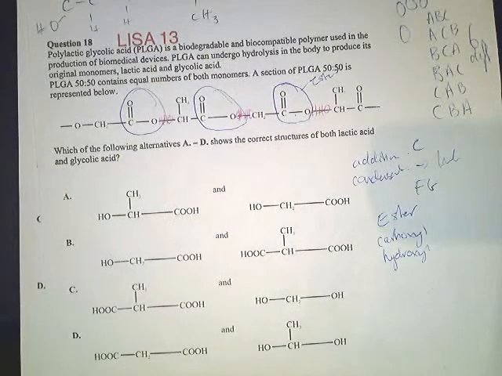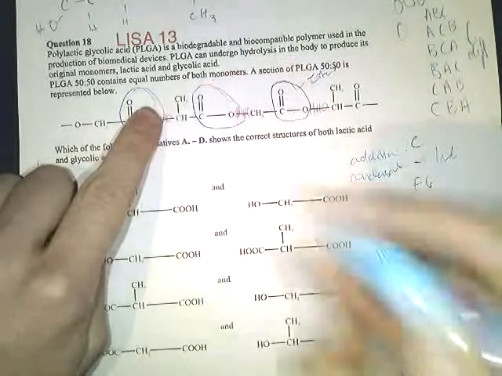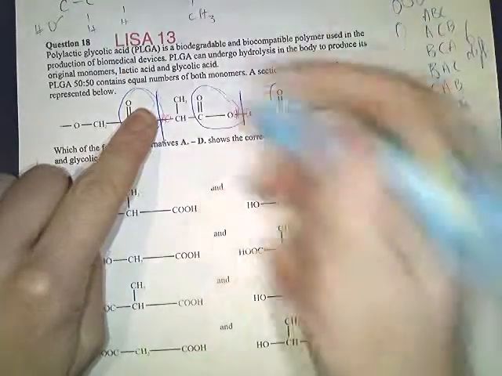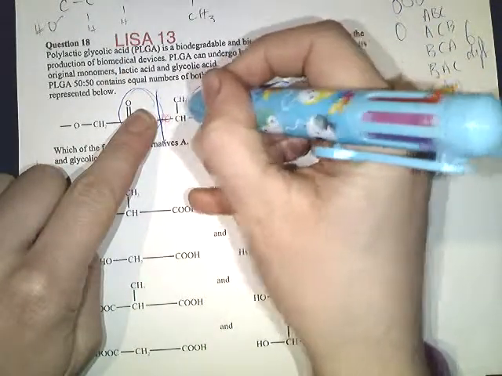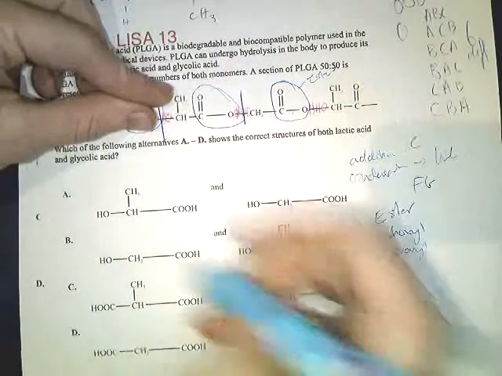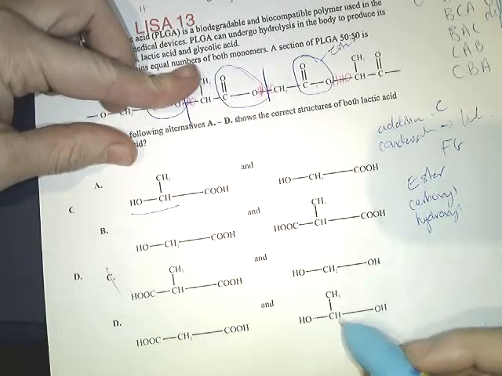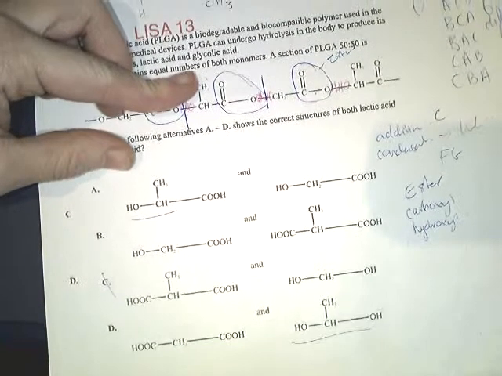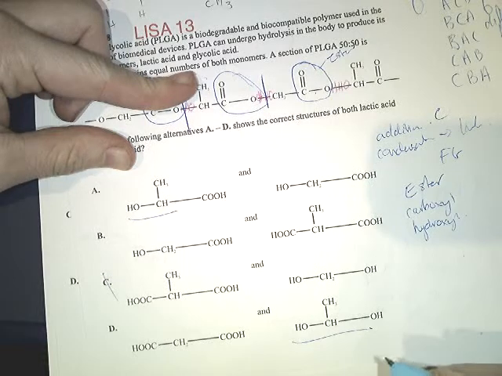Okay, so straight away you can see that this is going to be one monomer. So one monomer is going to have a CH2, a CH3 and an OH. So it can't be this. Could be this. Can't be that.